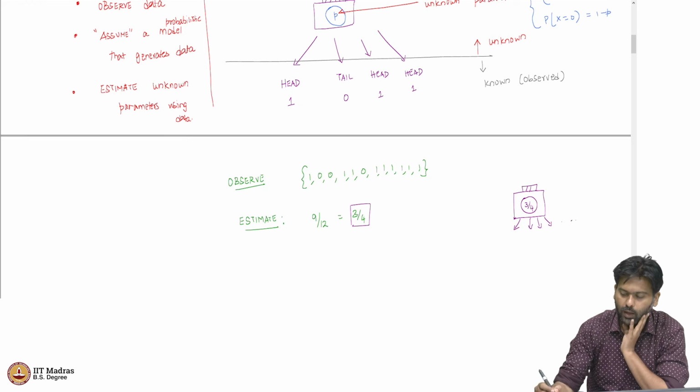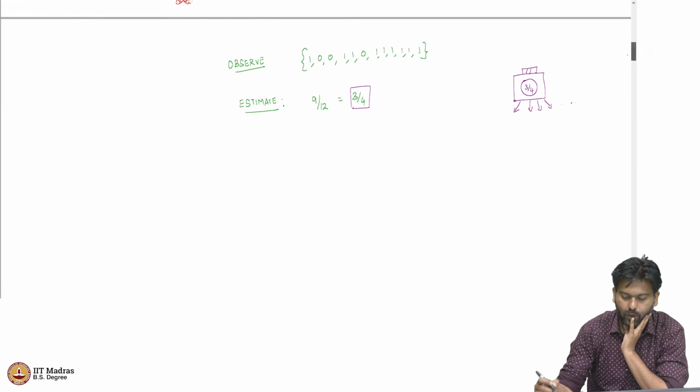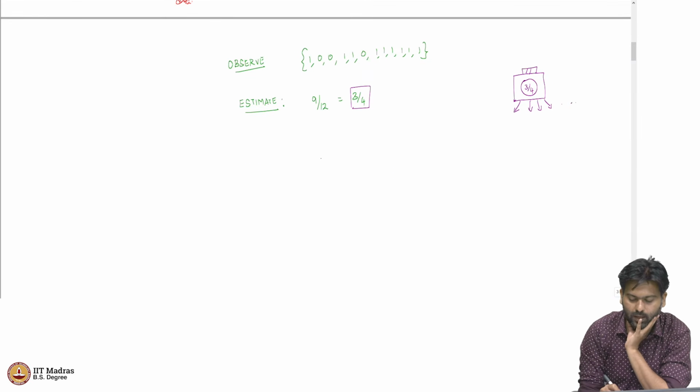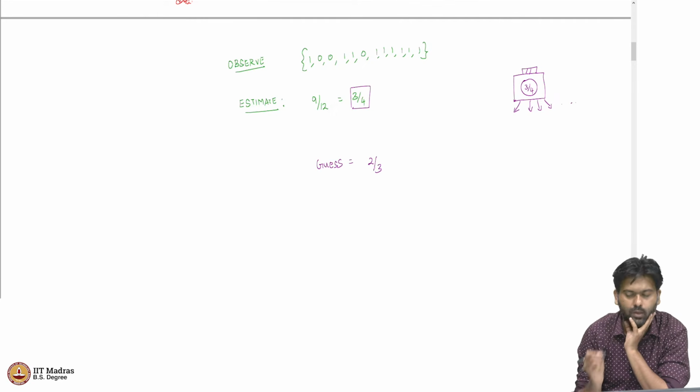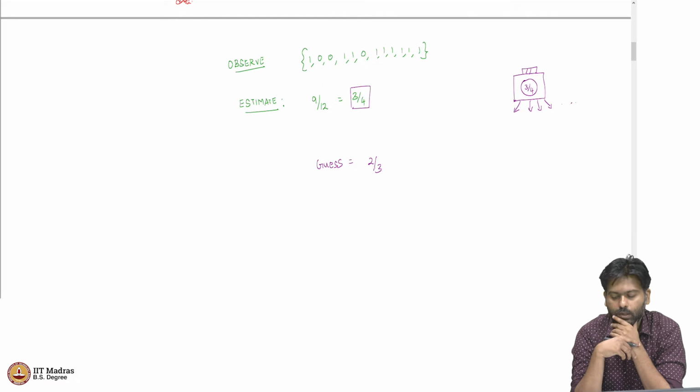So, why is that? Well, what about a guess which is not 3/4, but let us say 2/3. In other words, can there be a coin with probability P as 2/3 which could have generated this data? Think about this, right.